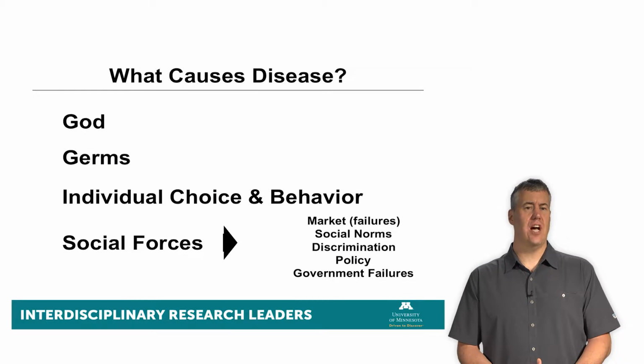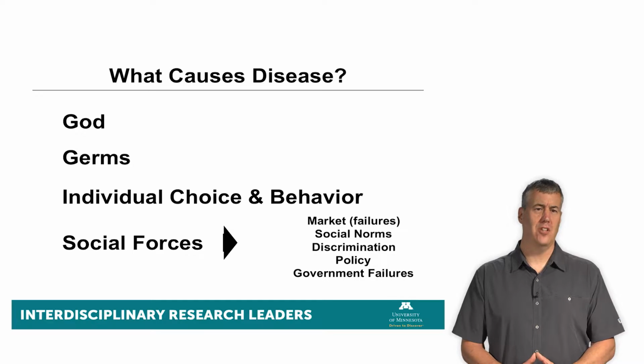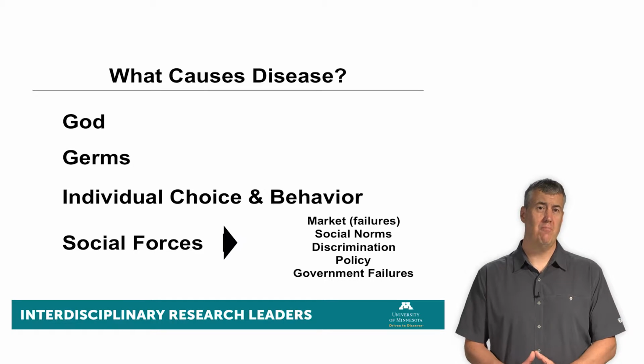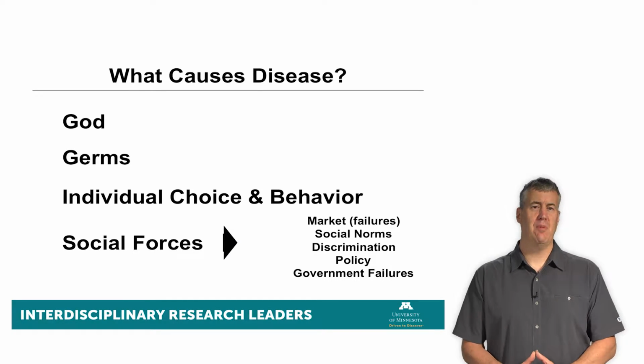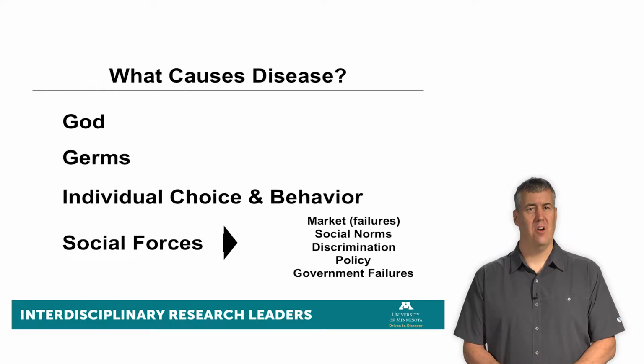So when I teach these kinds of things to my students, we might have a broad framework of what's causing disease. And of course, there's many answers. For some people, they might say God or some higher being. This is historically, throughout the more recent episodes of humankind, the general answer. It's not in the scientific framework, we'll just bracket that for now. From there, we might think of germs. Germs cause disease. Maybe individual choice or behavior.